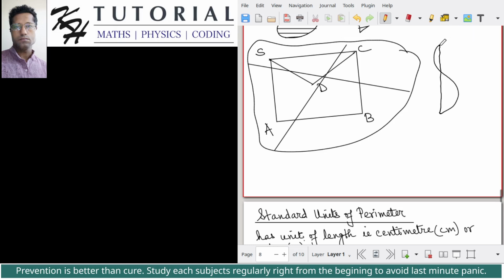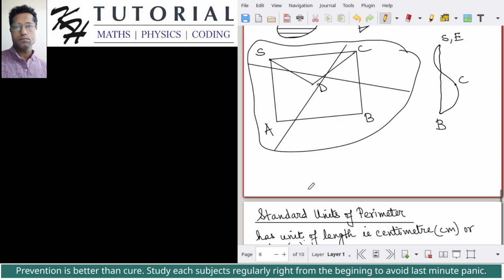So I started at this point, which is the starting and end point. SCB is a curved line, and AC and SB are line segments.